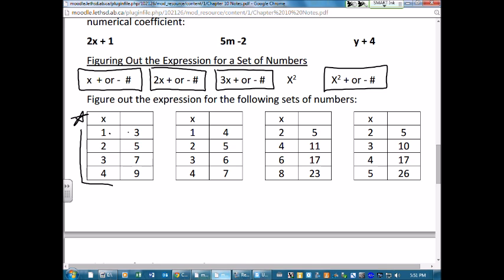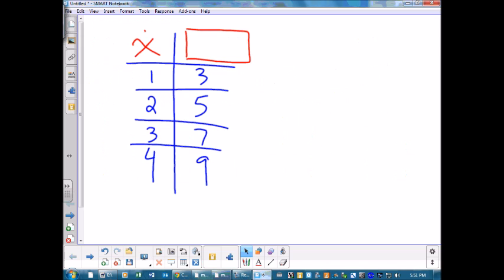Now we're going to use this one as an example. The first thing we will always try is to just take X by itself, and we'll add or subtract something. So if X is 1, what do we have to add or subtract to it to get to 3? Right, we'd have to add 2.